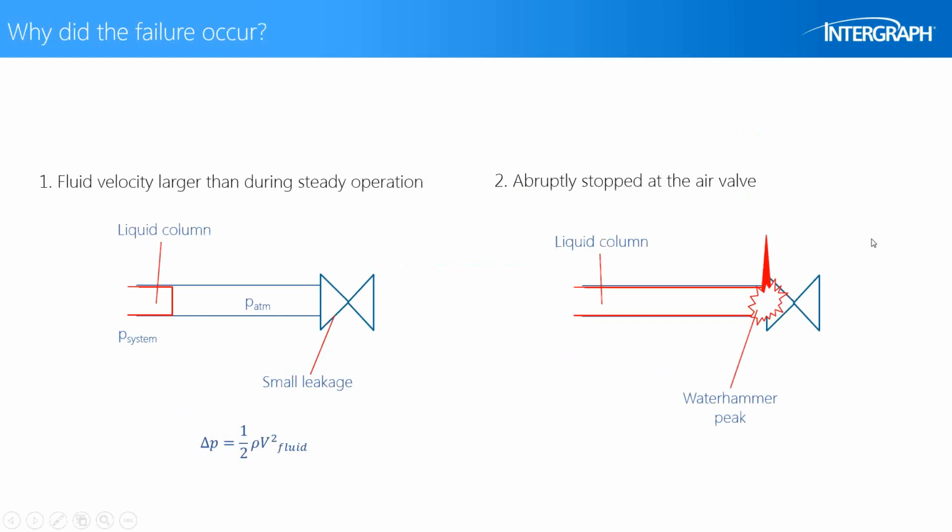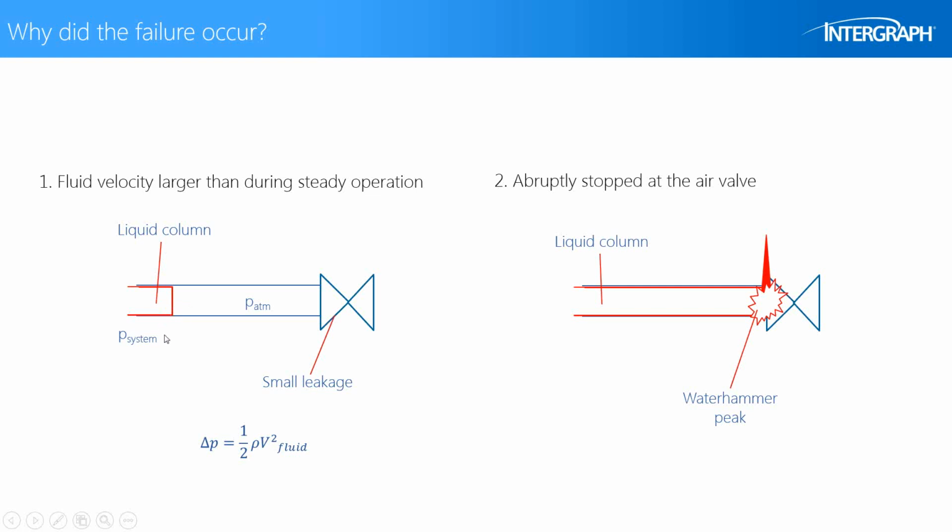So the question, what was our hypothesis for why the failure occurred? Well, what we say on the left is the liquid column comes in from the pump and begins to compress and push the trapped air out of the system. The air valve has a very small cross section, but the air can pass out of that small cross section, and the liquid column approaches at a very high speed.